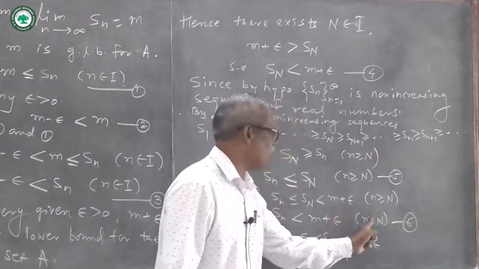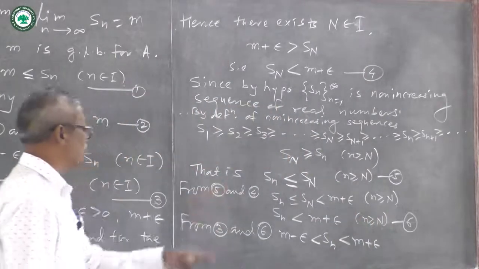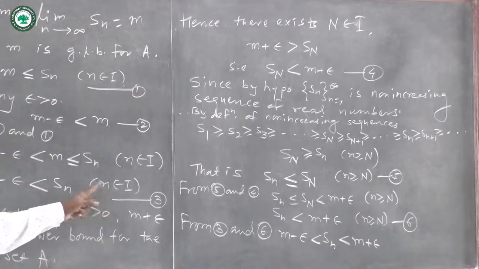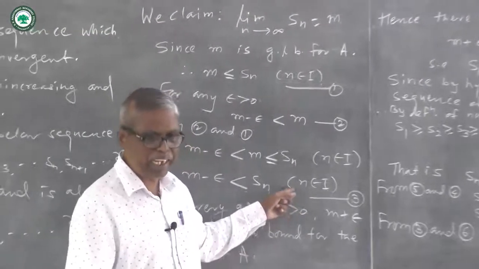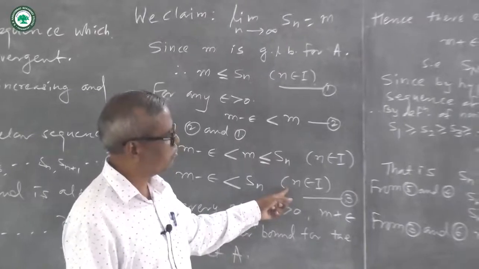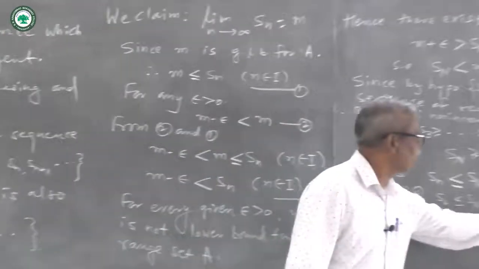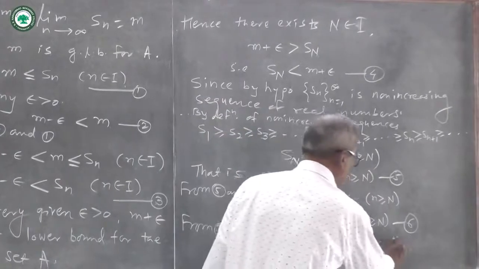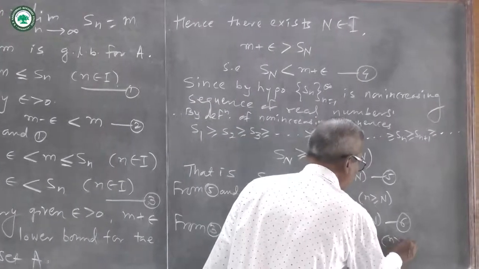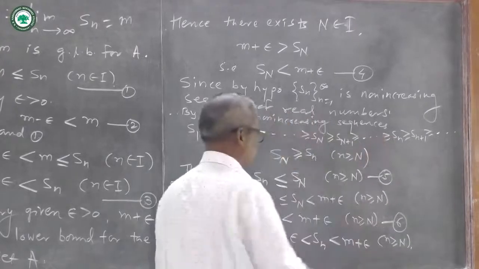This is true for all n greater than or equal to capital N, and relation 3 is true for all n equal to 1, 2, 3 and so on, capital N, capital N plus 1, capital N plus 2 and so on. Therefore, the common result is true for all small n greater than or equal to capital N.